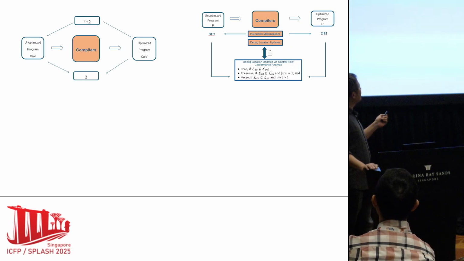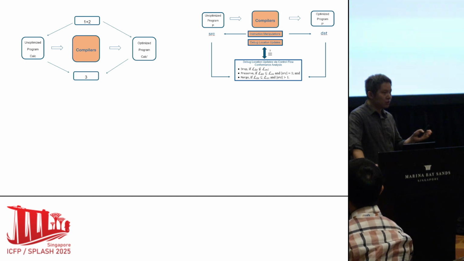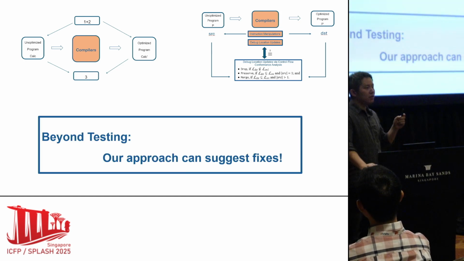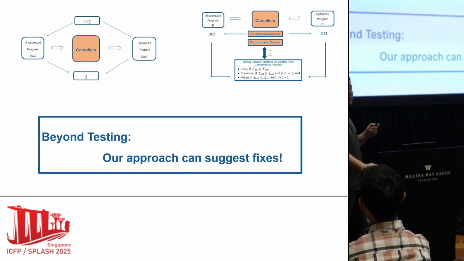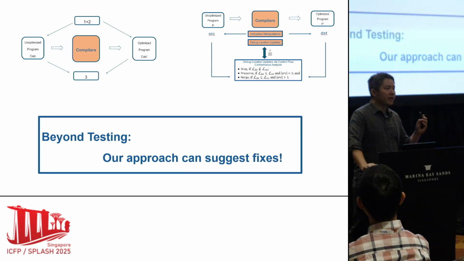But with this compiler instrumentation infrastructure, we can do more than finding bugs. Because if you look at it, we know the behavior of your compilers by instrumenting the debug location updates. We also know the expected behavior according to the two debug location sets. If there's a mismatch, recall what else do we have?